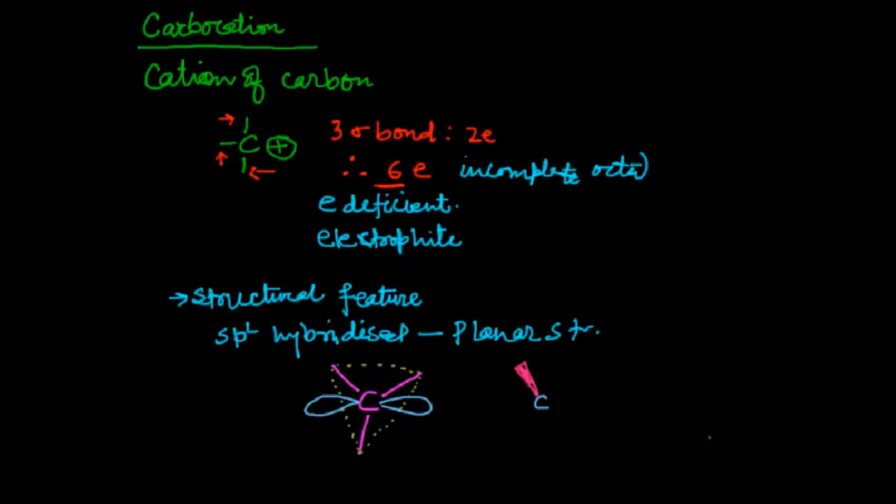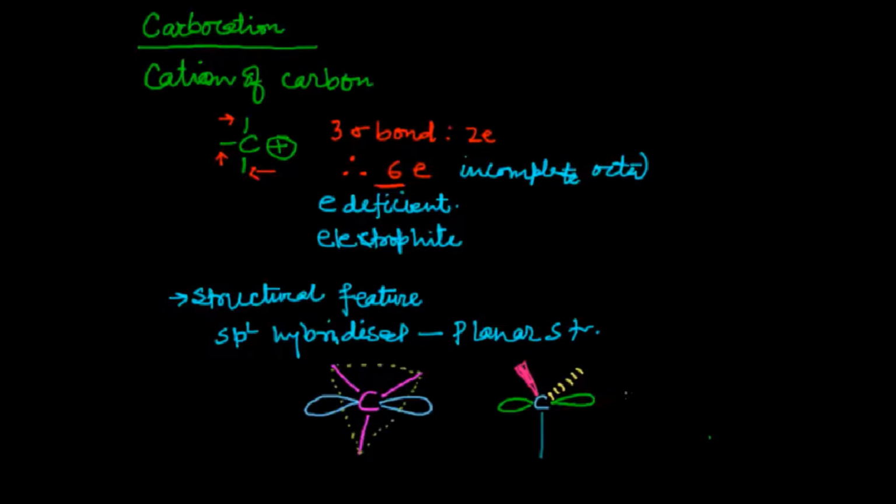The second one is a wedge like this one, the third one is lying in the plane, and the empty or vacant orbital is lying in the perpendicular plane.